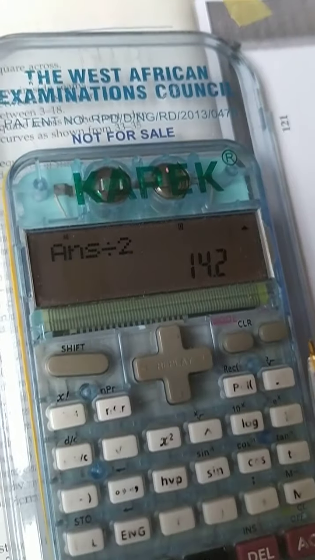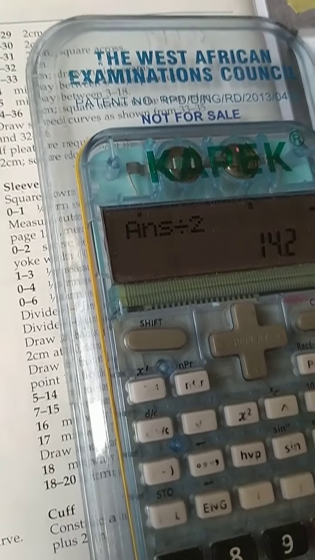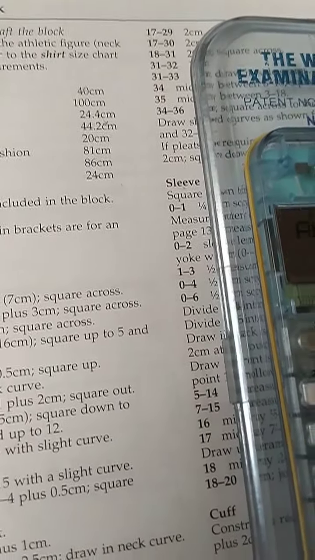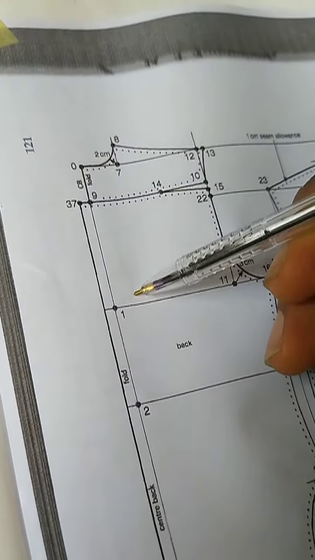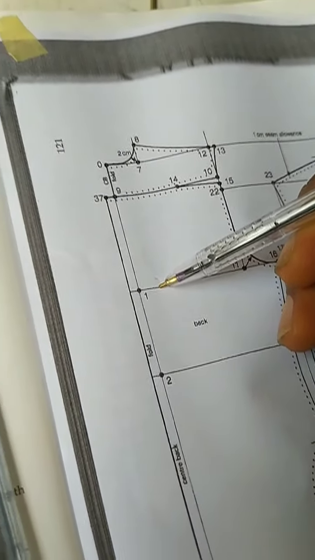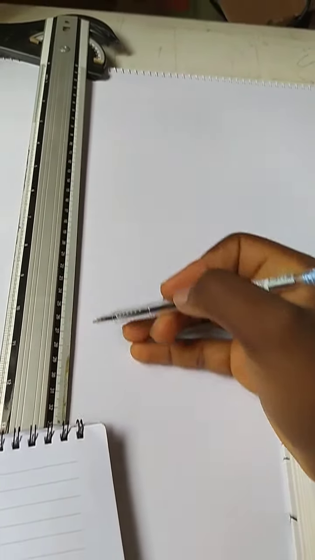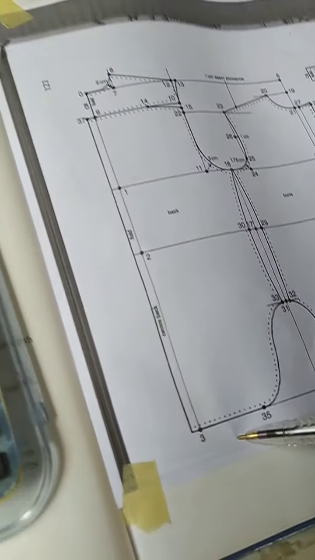So the half-scale measurement is 14.2. So from 0 to 1 is 14.2. We're going to draw a straight line from 0 to 3. Just draw a straight line first.